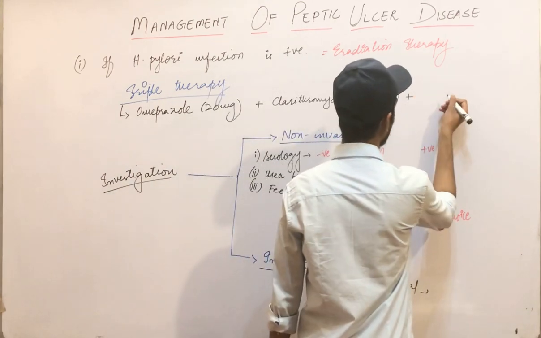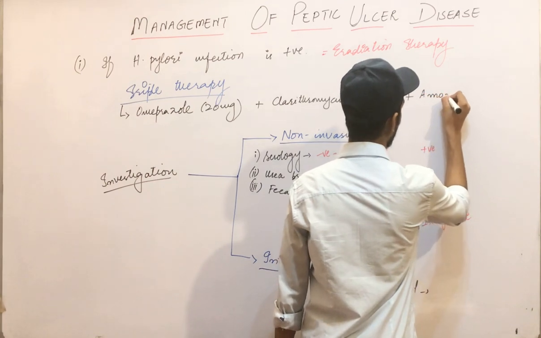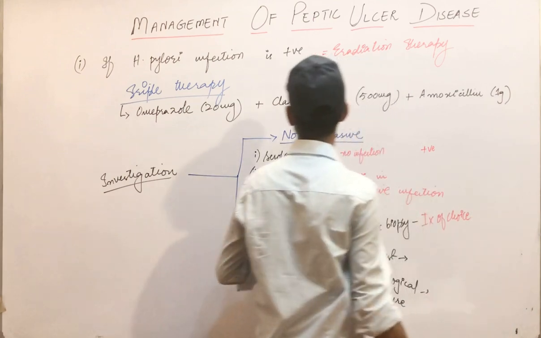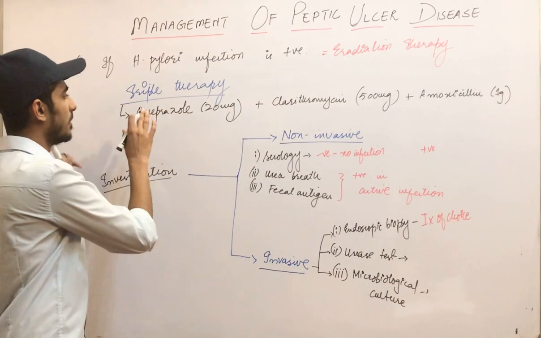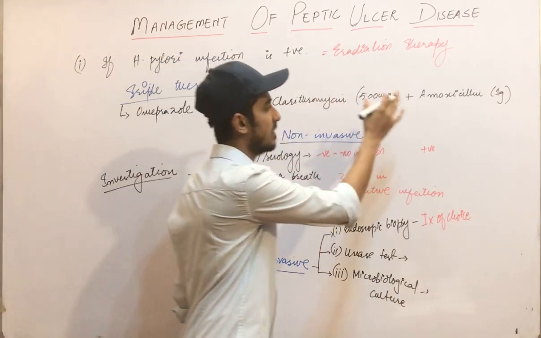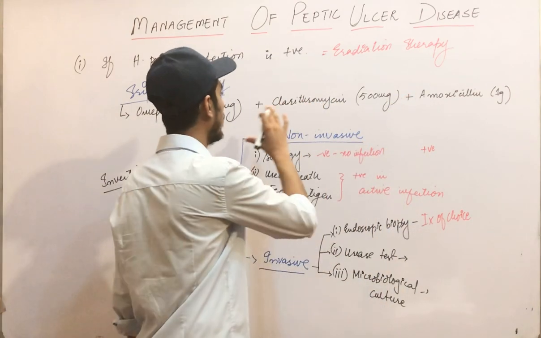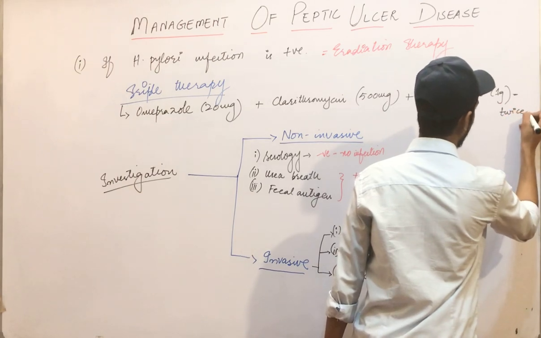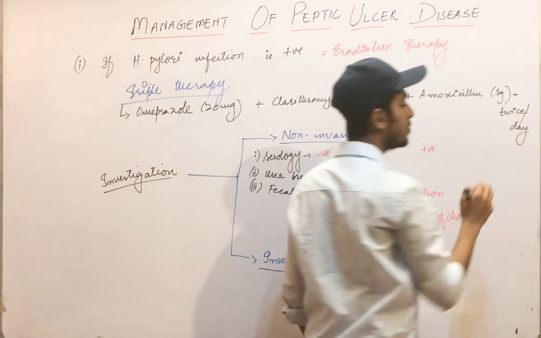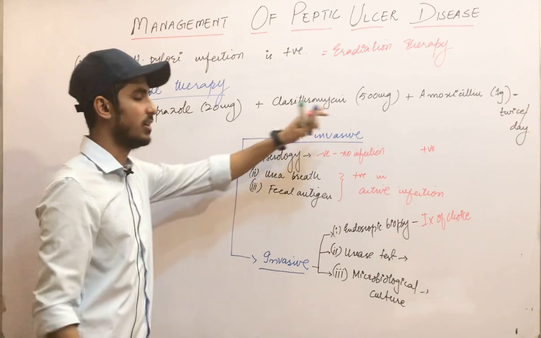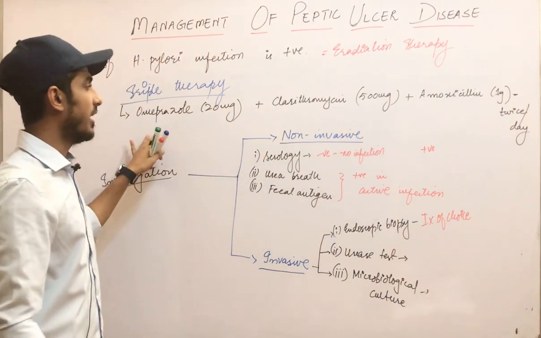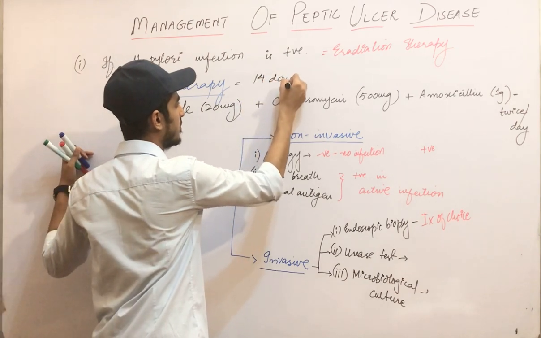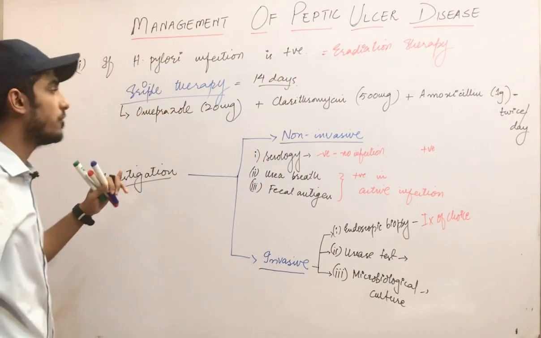Then the third is amoxicillin, 1 gram. This is the triple therapy: omeprazole, clarithromycin, amoxicillin. All three drugs are given twice a day, for 14 days.